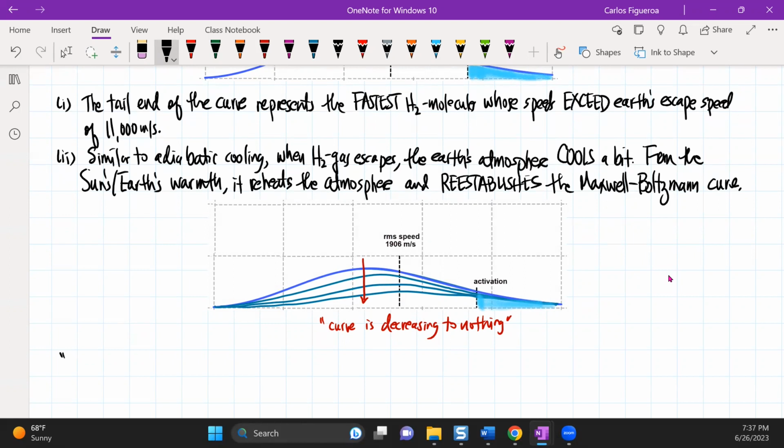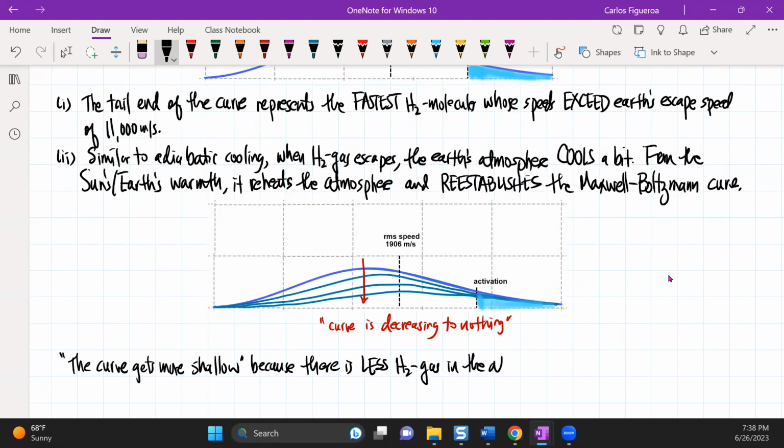I would then say the curve gets more shallow. It doesn't, because there is less hydrogen gas in the atmosphere. The probability stays the same, but they keep escaping.